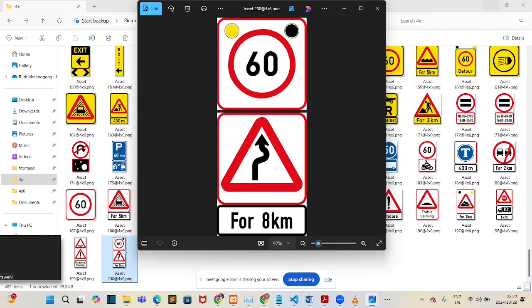The correct answer is A. A says it warns that the road winds for the next 8 kilometers and the maximum speed that you may drive. What was C? C warns that the road winds for that and the recommended speed is that. Okay, cool. So A is the correct answer there.